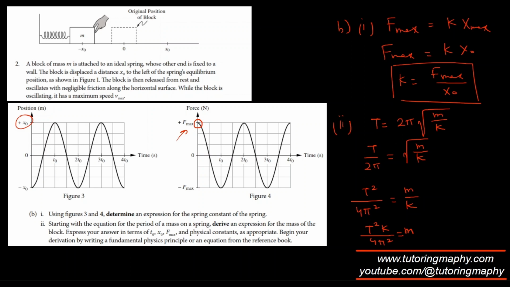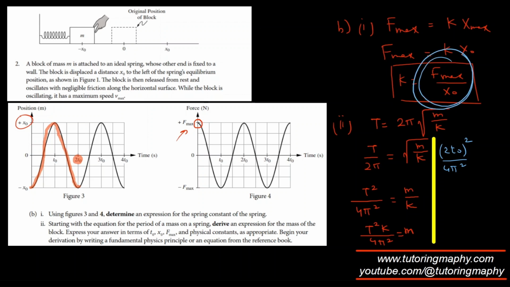We can eliminate them, because from this curve I have the value of the time period. It is 2T naught, because that is the time taken for one cycle. So I'm going to replace capital T with 2T naught, and k we already found, it is F max over x naught. That is the value of small m.